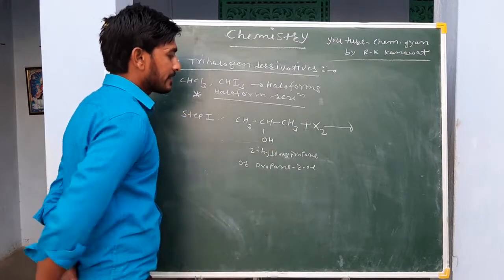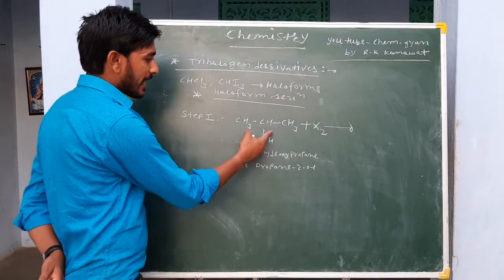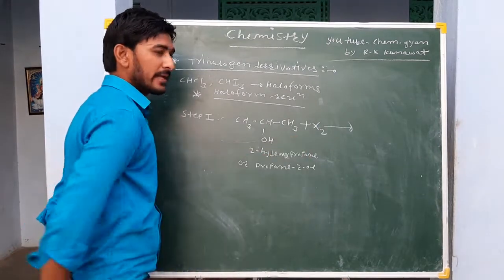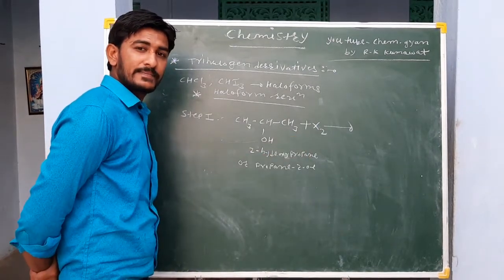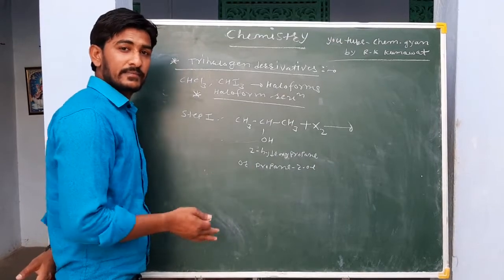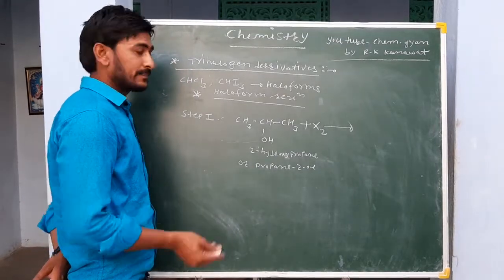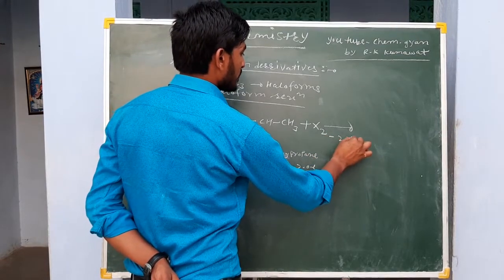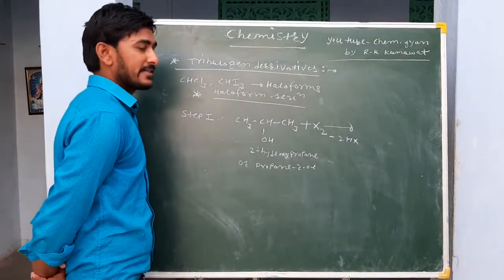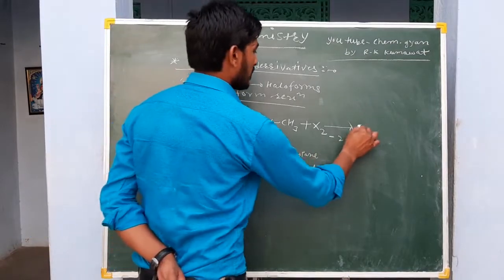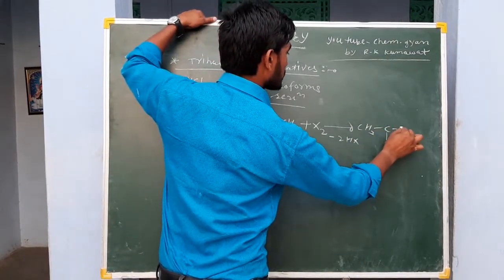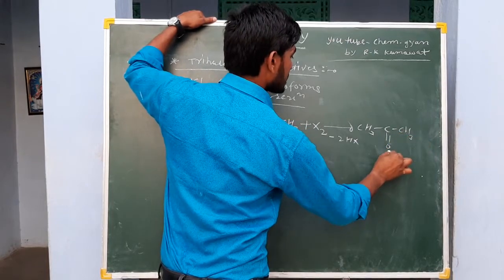We know that 2 hydrogen atoms are removed, and the halogen atoms add, eliminating HCl or HX, hydrogen halide. 2 HX molecules are removed in this step, and the product formed is CH3 C double bond O CH3, which means acetone.